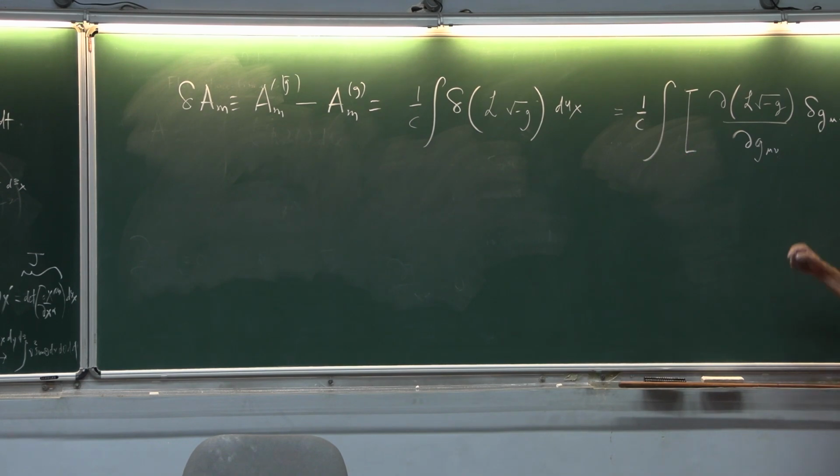metric. Why? Because there you have the covariant derivative, and covariant derivative has Christoffel symbols, and Christoffel symbols will have derivatives with respect to metric.